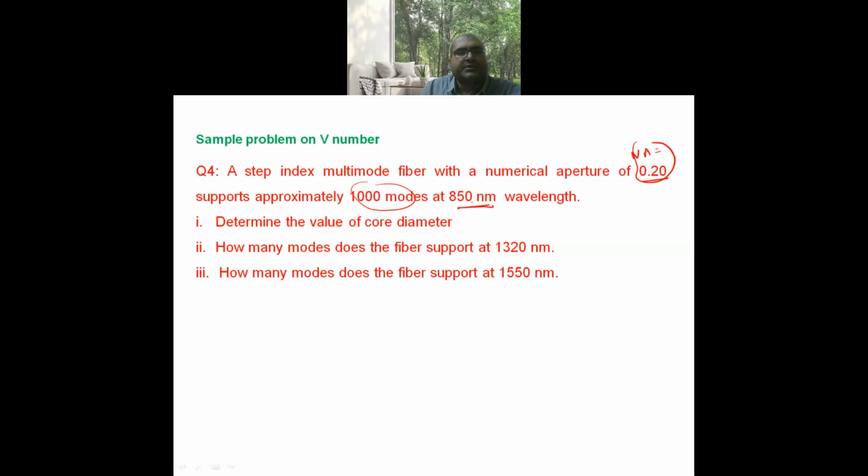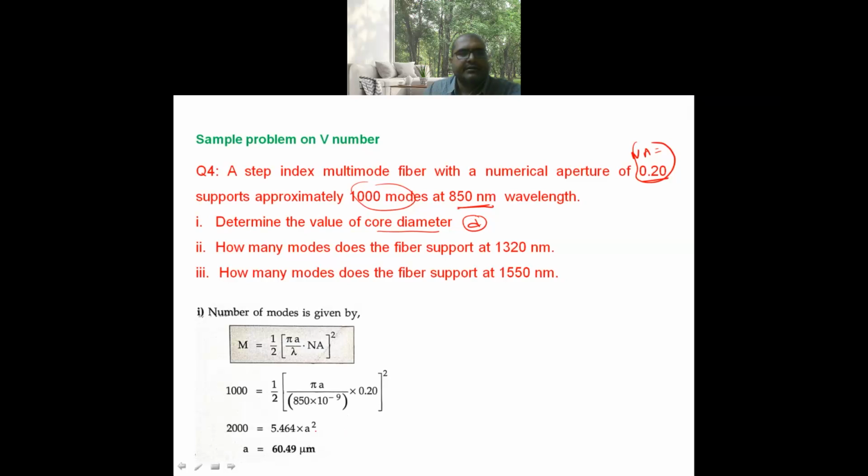The wavelength of the signal is 850 nanometer. What you have to determine? You have to determine the core diameter. You need to determine the value of d. Here the value of d is double the value of a. You can determine the value of diameter. Here a is unknown.